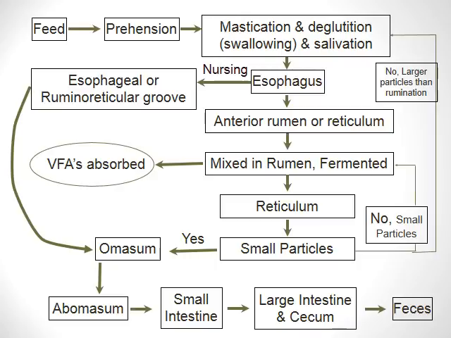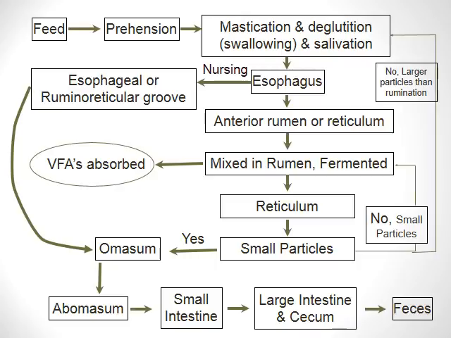Now, if the animal's nursing and is taking in milk, the opening that leaves the esophagus will ultimately be pressed up against the omasum, which is the 3rd compartment of the stomach, via the esophageal groove. So via the esophageal groove, you follow the arrow down, and the milk goes into the omasum. From the omasum, it goes to the abomasum, and then to the rest of the gastrointestinal tract.